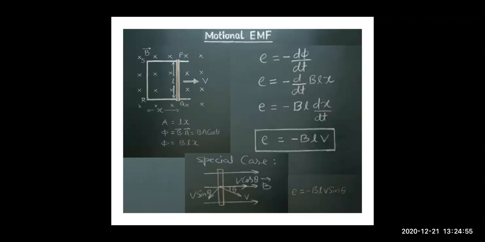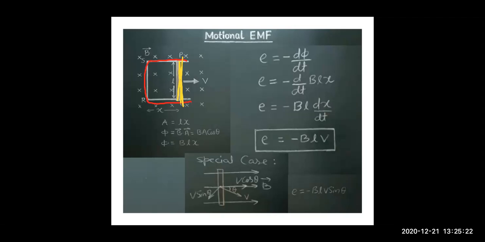Now we are going to place a U-shaped wire, which is placed in a uniform magnetic field B, directed into the plane of paper inwards, right? Now we are placing a conductor PQ on the U-shaped wire.